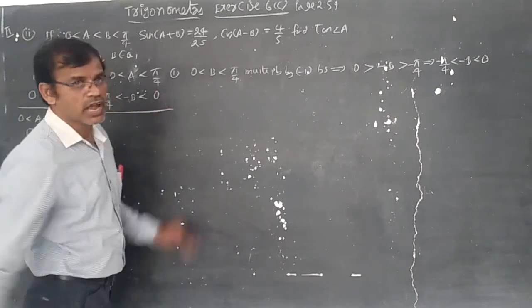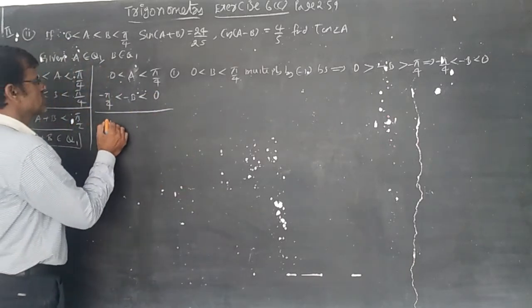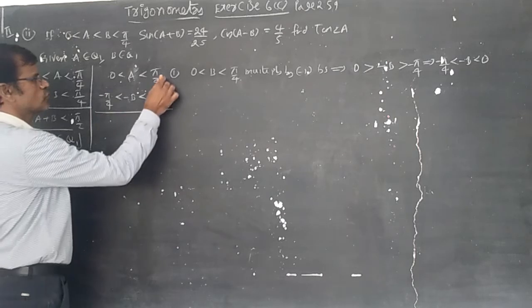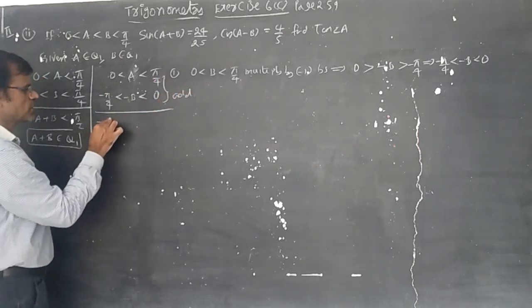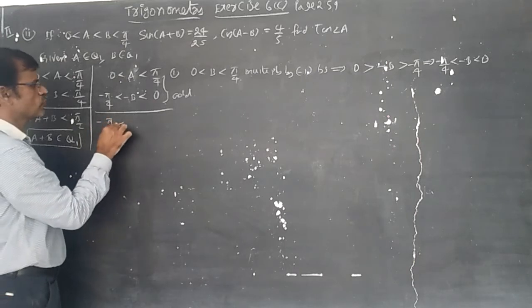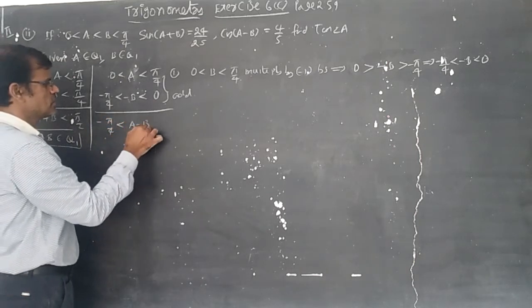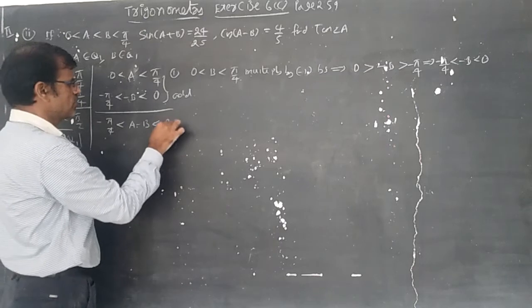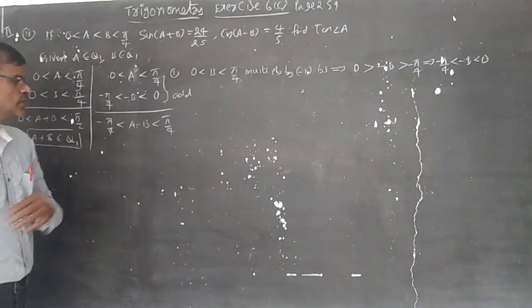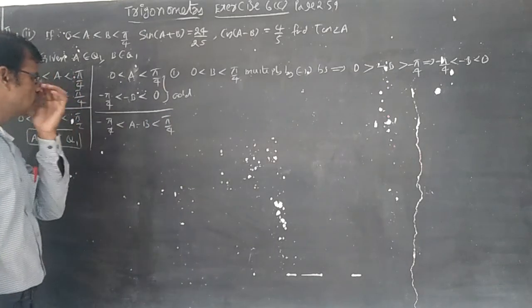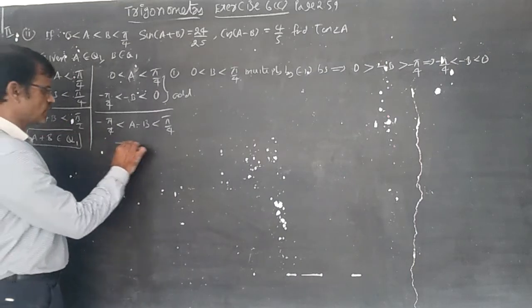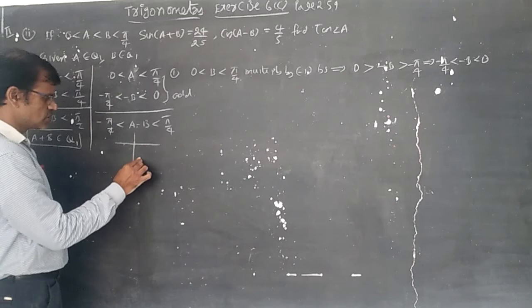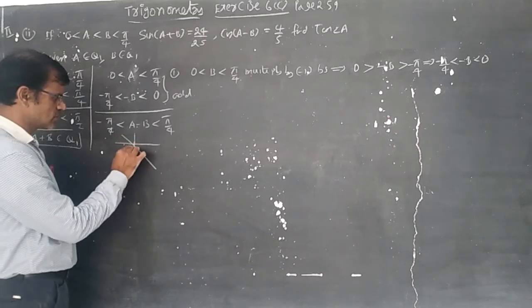Now add these two equations. Adding, we get -5/4 less than a minus b less than 5/4. So the value a minus b lies between -45 and 45 degrees.